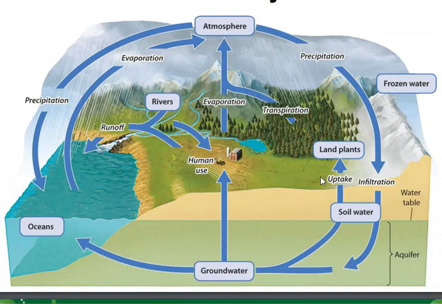Aquifers are layers of rock and soil that hold groundwater, fresh water found underground. As a matter of fact, that's how a lot of us get our drinking water if you're on a well. The upper limit of groundwater held in an aquifer is called the water table.